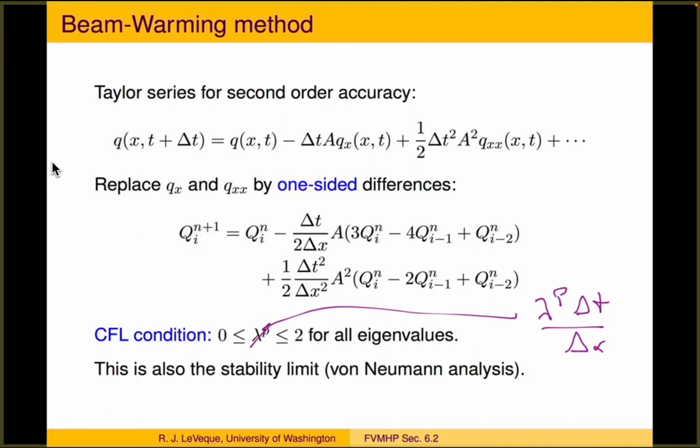You can also show using von Neumann analysis that that is in fact the stability limit, that if the CFL condition is satisfied, then the method is in fact stable as delta t goes to 0. Von Neumann analysis, by the way, is just doing the same sort of Fourier analysis we looked at for the PDE, but applying it to the finite difference equation and seeing how different wave numbers behave.